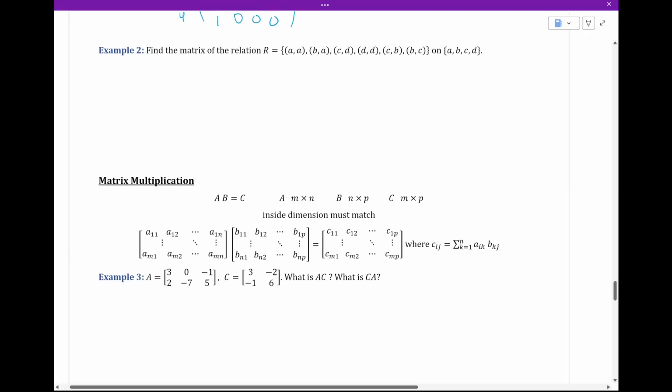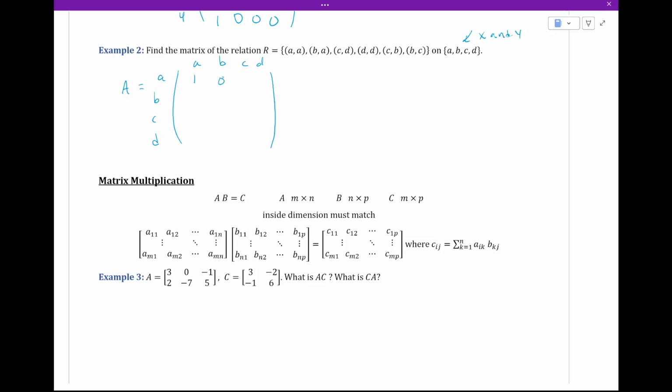Find the matrix of the relation R, where R is AA, BA, CD, DD, CB, and BC on A, B, C, D. So this is for X and Y. So here's going to be A. We'll have A, B, C, D, and A, B, C, D. Let's see, AA. And then are there any other A's?